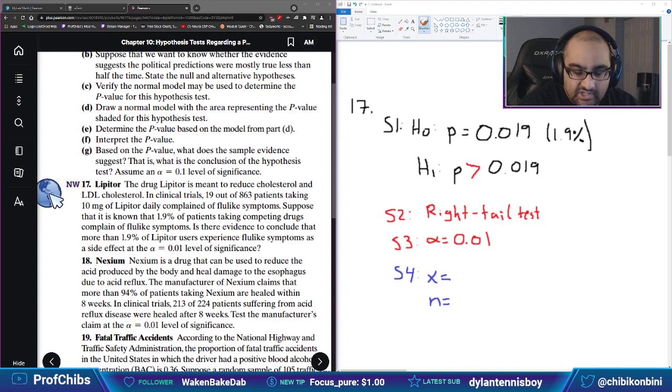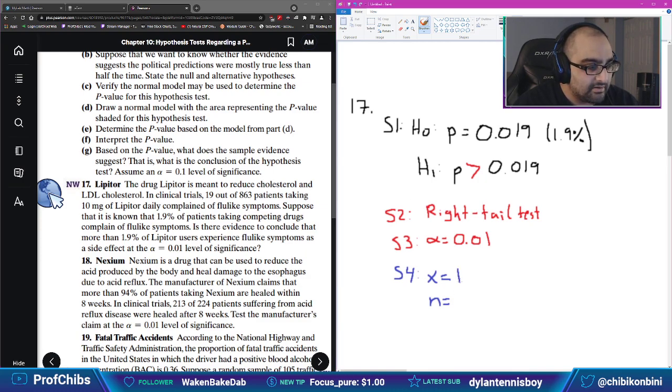So X is equal to 19. Strolling says X equals 19. And N here is equal to 863. That is correct. Very good. We have 19 people who said yes to that question out of the 863 polled.